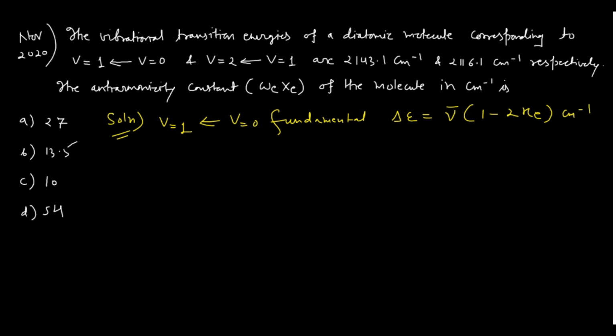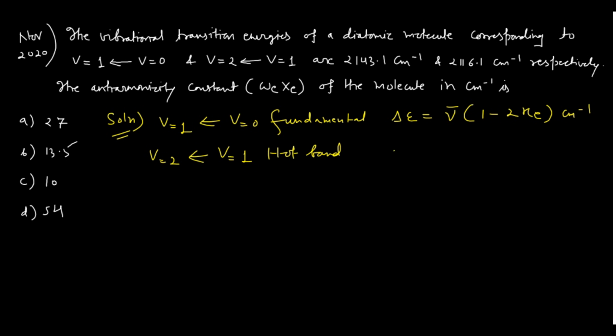And if your transition is happening from v equals 1 to v equals 2, then it is your hot band. Though I actually didn't calculate the energy difference of the two levels where you can observe the hot band, if you know the concept, then it is very easy for you to calculate this energy difference also.